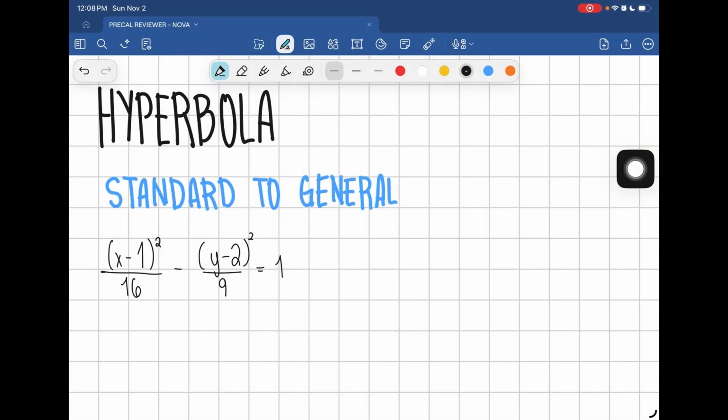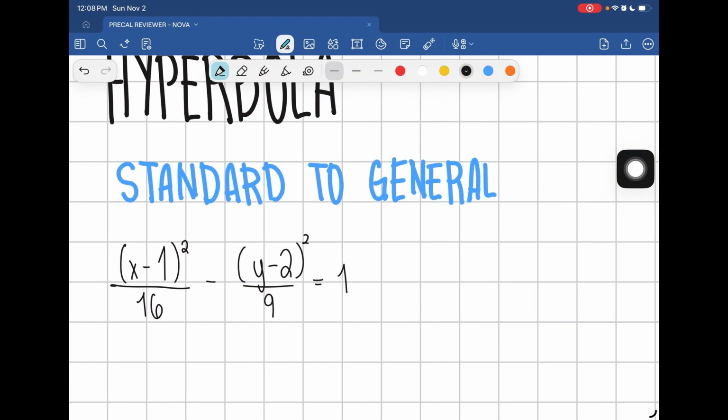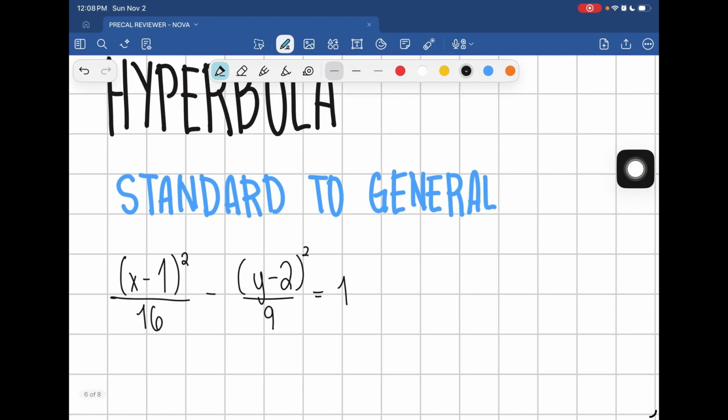Alright, let's find the general equation given the standard equation of a hyperbola. So, we have here x minus 1 quantity squared over 16 minus y minus 2 quantity squared over 9 equals to 1. So, in order to find the general equation, we have to first eliminate the denominators.